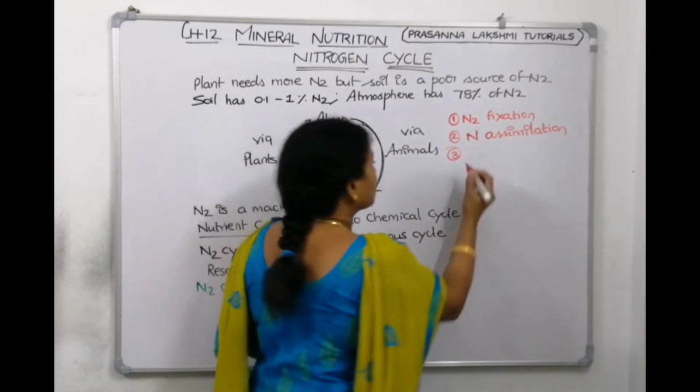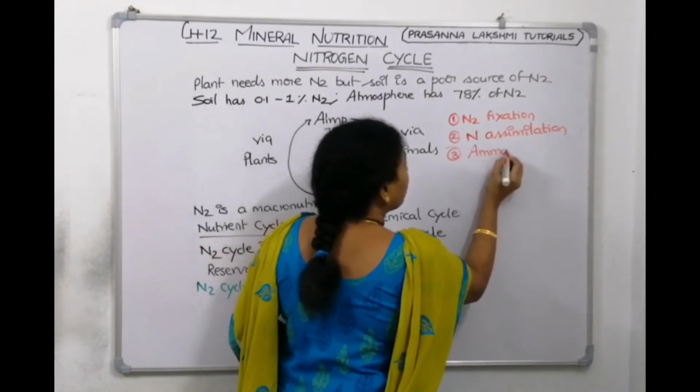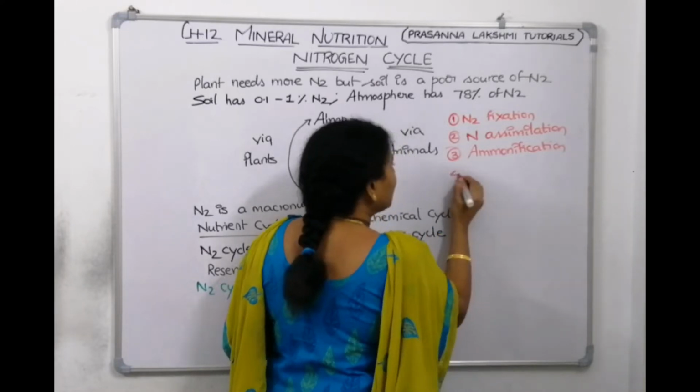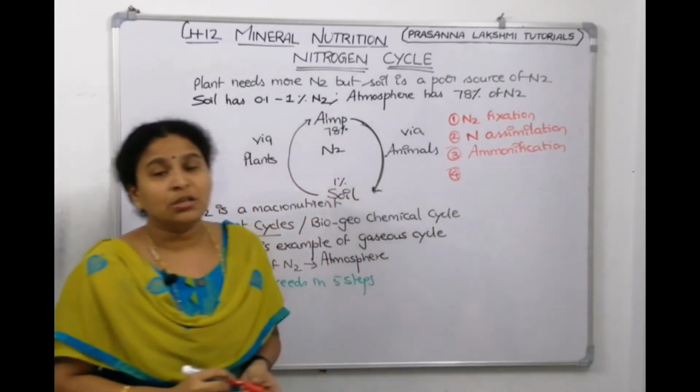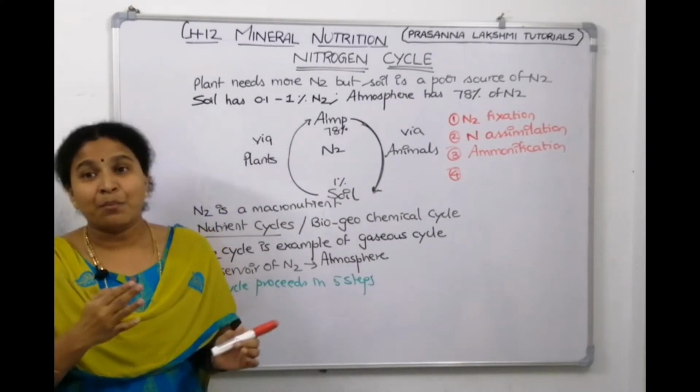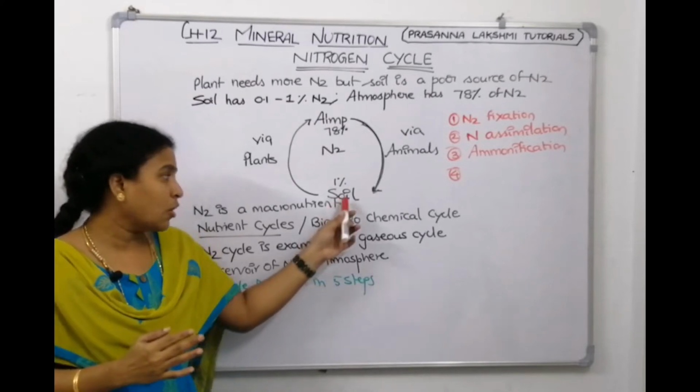So the third step is called ammonification. Ammonification comes under decomposition, where the complex body materials are broken into simpler forms and ammonia is released out into the soil, right?